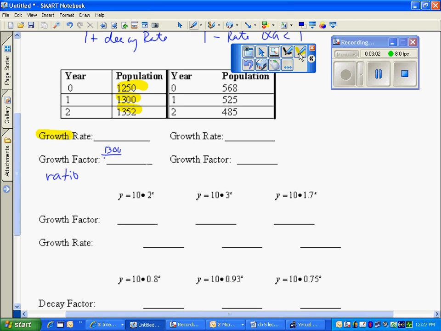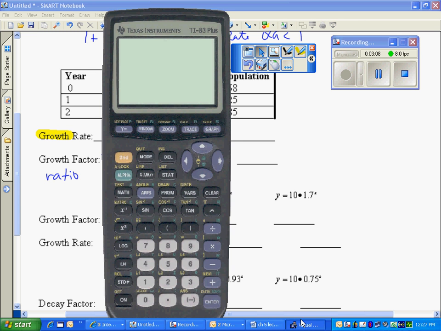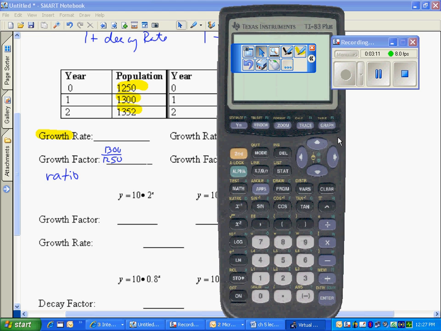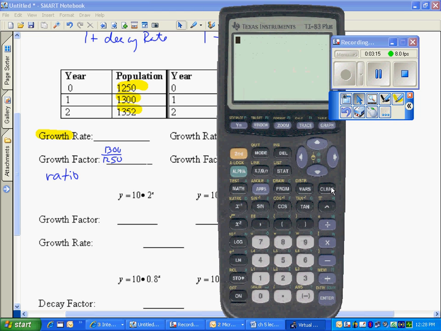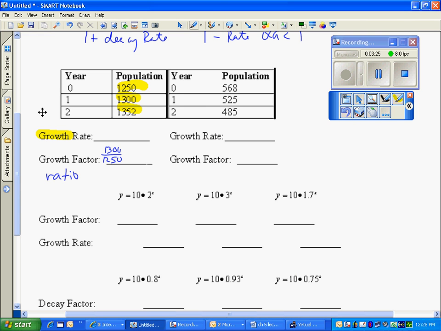If we want to find it on a calculator, all we need to do is some division, and so I'm going to take 1,300 and divide it by 1,250, and I get a value of 1.04. The one says keep all the 1,250 people and then increase it by 4%. So my growth rate is that 4%, which converted as a decimal is 0.04.